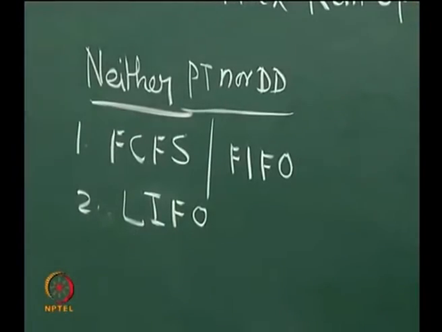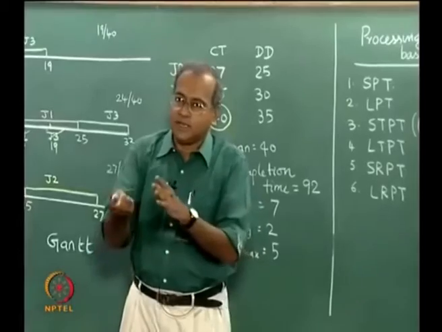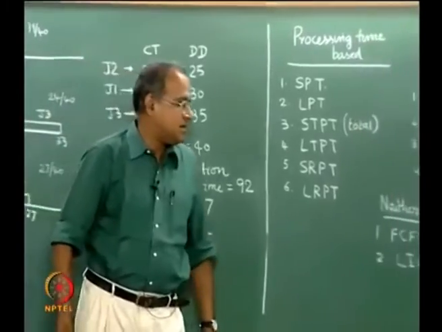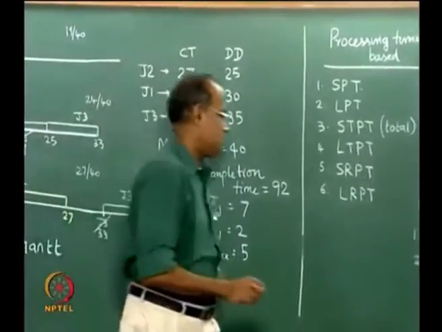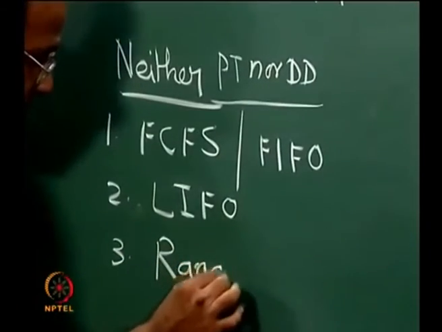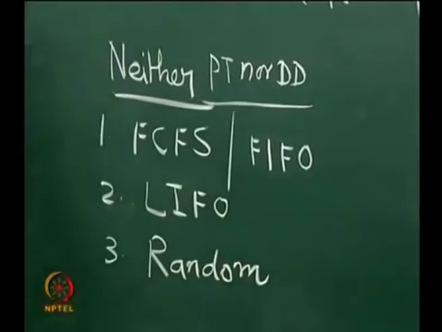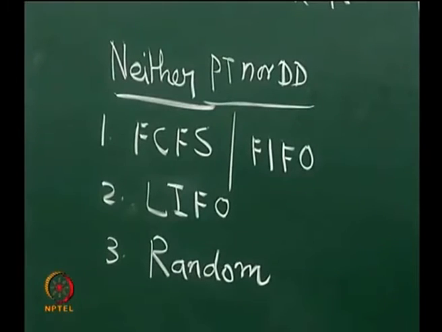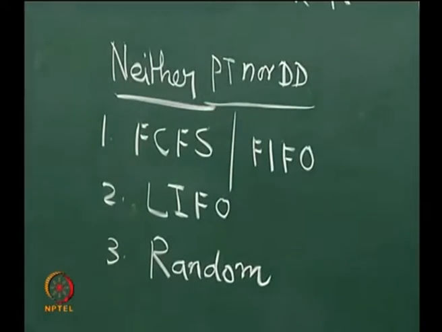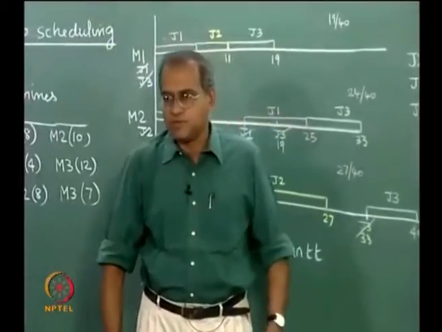The one that came first will be taken, the one that came last will be taken. So, first in first out, last in first out. One could use some kind of a random rule, just pick the job randomly out of the jobs that are available. So, these are examples of popularly used dispatching rules.